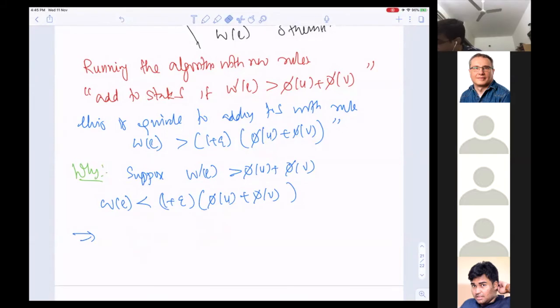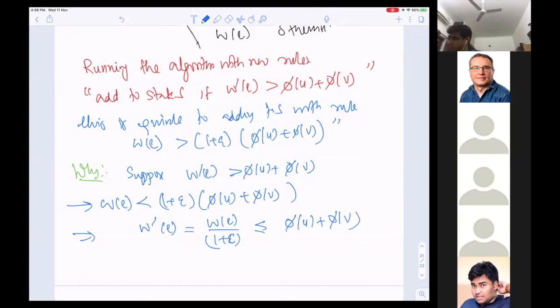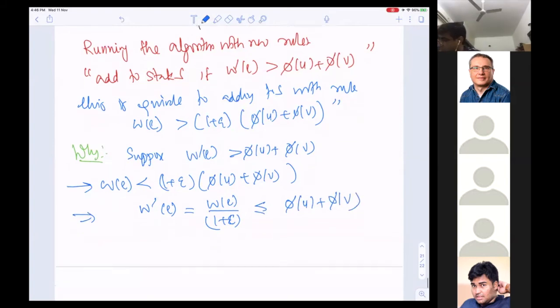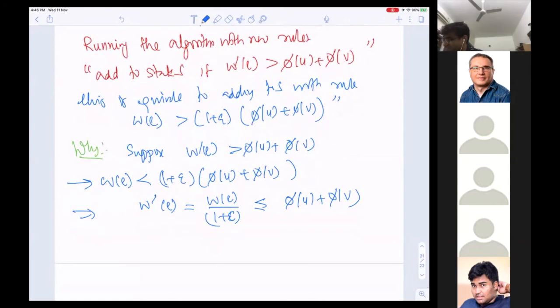Suppose this is this, but this is this, then what is weight prime of e? It is equal to weight of e into 1 plus epsilon, right? This is the way we have defined our weight function. But then this is less than or equal to phi u plus phi v. Now, but you started with weight prime of e more than phi u plus phi v, so this cannot happen. So this rule and that rule are exactly the same.